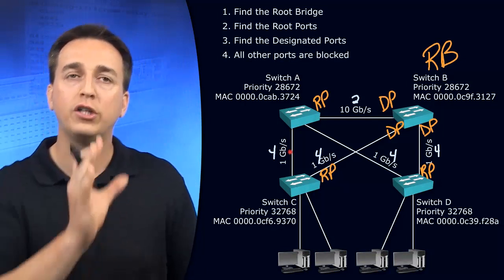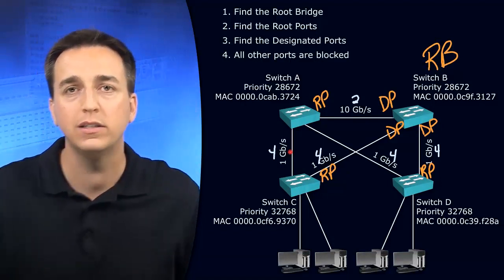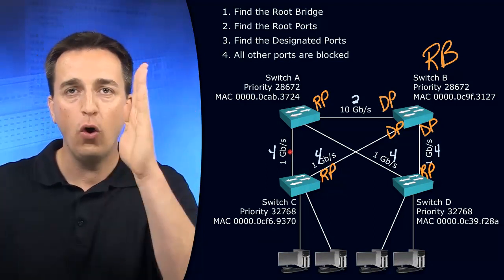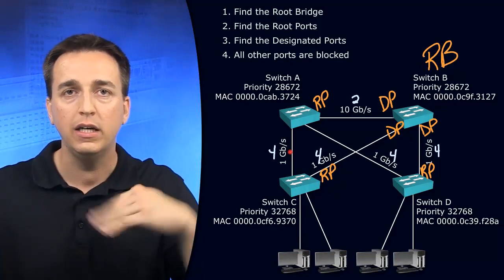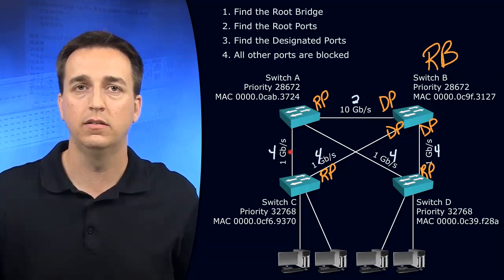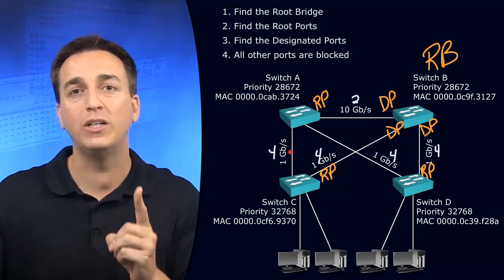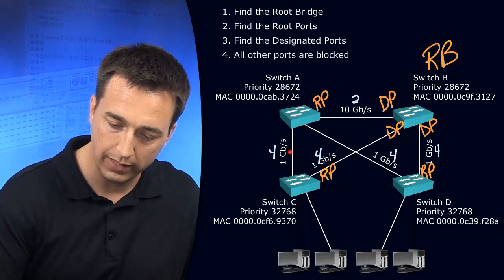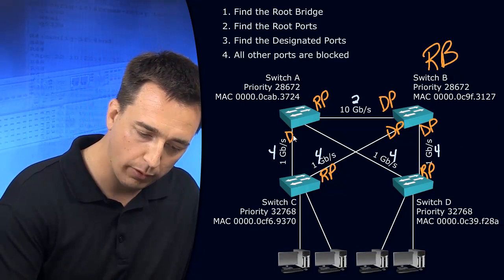If you go towards switch A and then across to the root bridge, what is the cost? 4 plus 2 is 6. If you go down to switch C and then up to switch B, 4 plus 4, that's 8. So we want to take the shorter way. The shorter way is going through switch A, meaning that switch A has the designated port. Let's label that. Designated port right there.